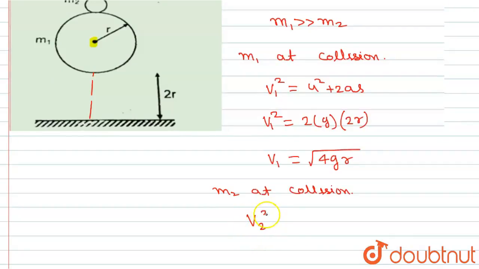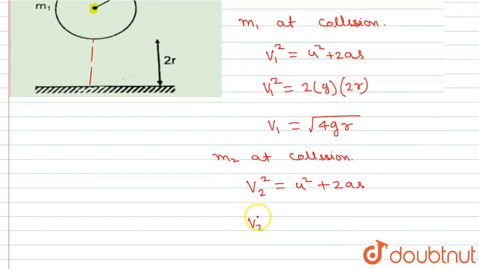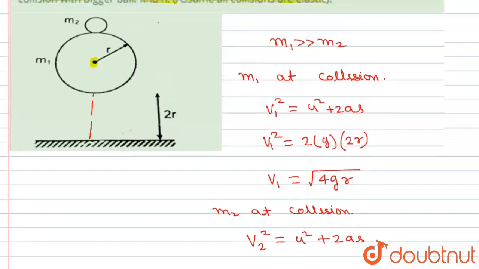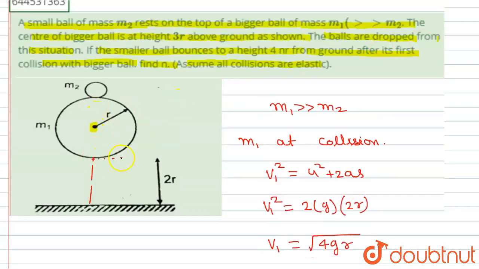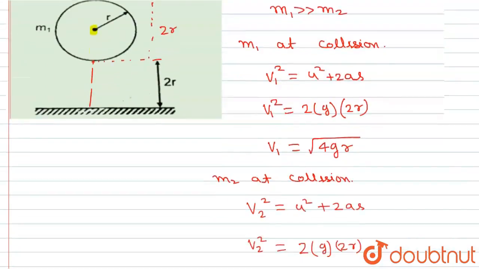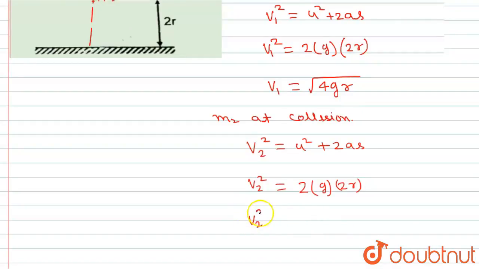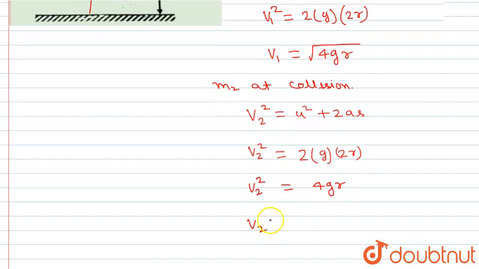So v2 squared is equal to u squared plus 2as. Here u is also 0, so v2 squared is equal to 0 plus 2 times g times s, and s is again 2r, since m2 covers this same distance. So v2 squared is equal to 4gr, and v2 is equal to root under 4gr.